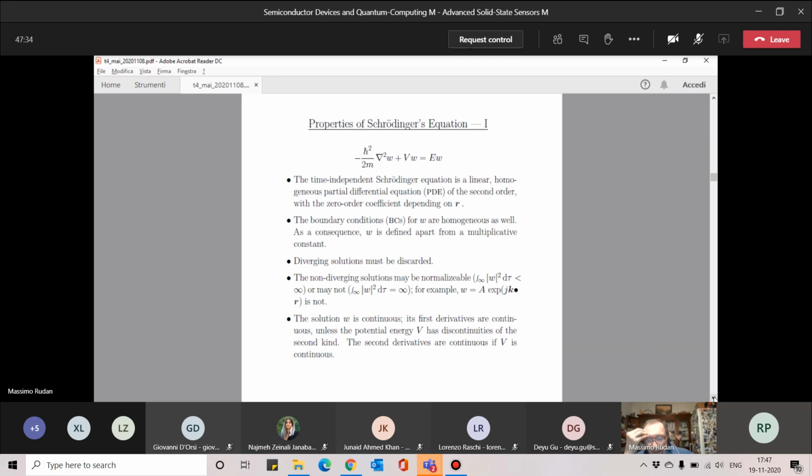So E is a constant. W is continuous, as we know. But V, the potential energy, may be continuous or not. If you consider, for instance, a potential energy that has the form of a step or of a barrier, it is discontinuous. So in those cases, the second derivative is also discontinuous, but there is no problem in it. We just take it, okay?